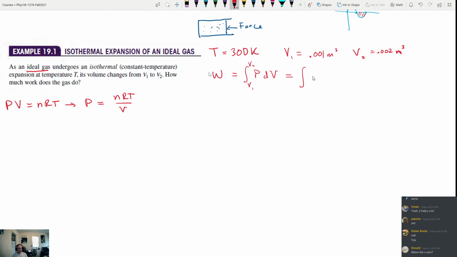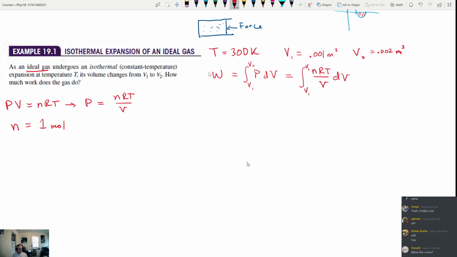So if we plug in nRT over V, where all the things in the numerator are constant and the volume is changing, we get that expression there. Again, we're going from V1 to V2. I left one thing out here. We need to pick a number of moles. Let's let n equal 1 mole, because why not?